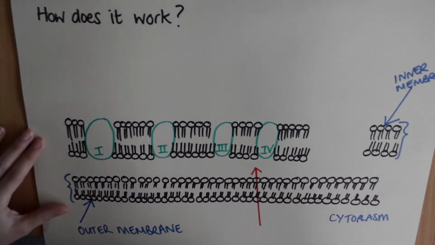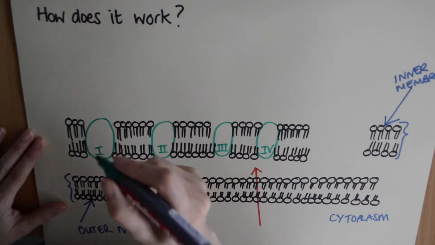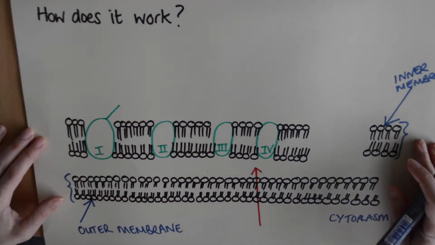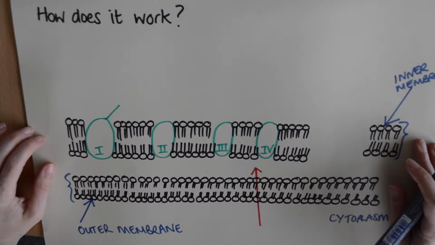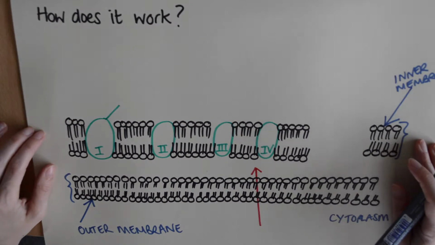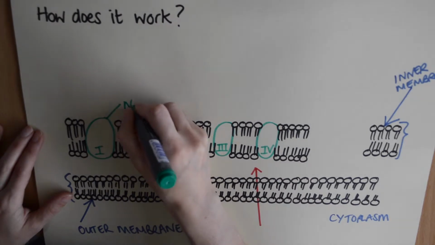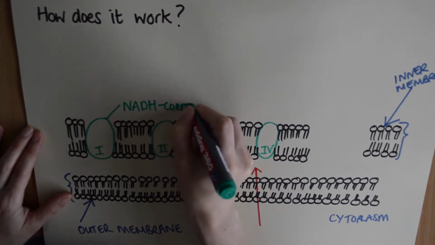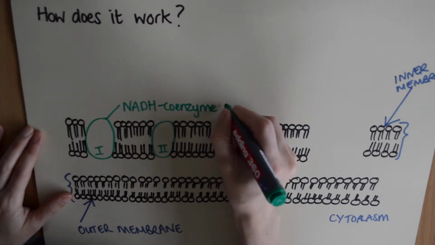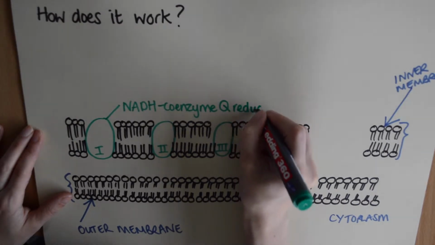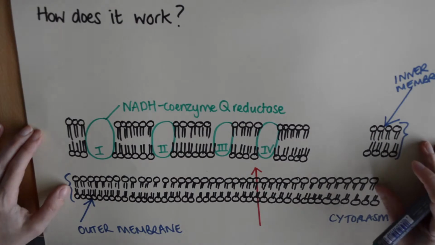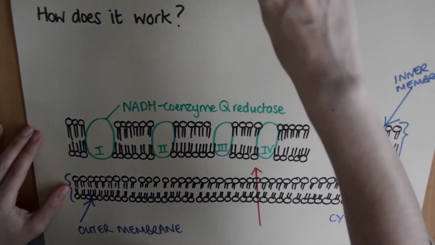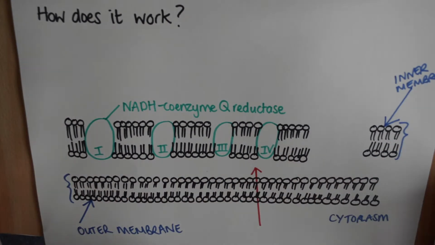However, it does mention the name of complex 1, which is, get this one right, NADH coenzyme Q reductase. So that's the basic structure of those electron carriers.